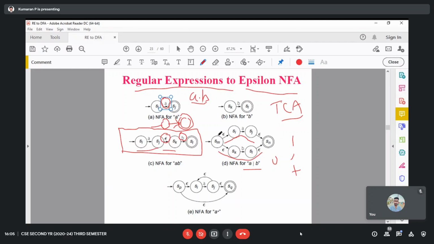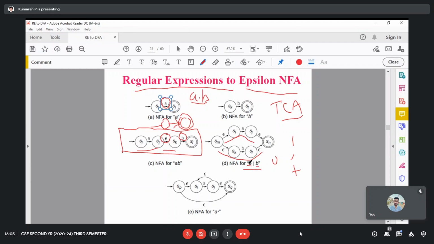If I take left, then from a state, without reading anything, I go to one state, from that state I do the left hand side computation, then I go to the final state. If I take the other one, then from a state I take the other direction: with the empty move I go to one state, and reading the next option I go to another state, and reading the empty string I again go to the final state.